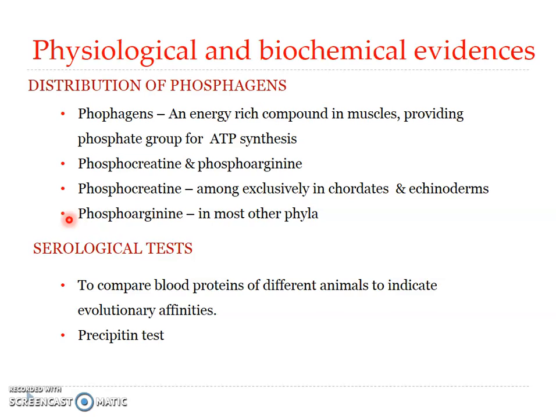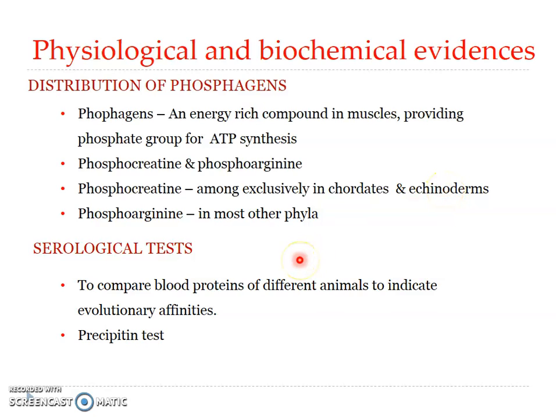So, in other words, distribution of the same phosphagen occurs in phylogenetically related groups, right? Phosphoarginine is present in the second ancestral stock, for example annelids, mollusks and arthropods, and the chordates and echinoderms possessing phosphocreatine shows these two groups have evolved from the same ancestral stock.